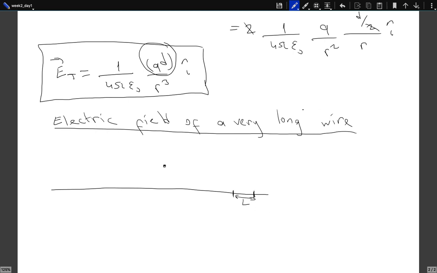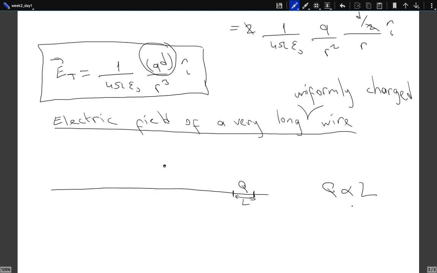If I take a length L of a very long, uniformly charged wire, I will assume that it has a charge Q. Since it is uniformly charged, Q should be proportional to L. The longer a segment I take, the larger charge it will have.